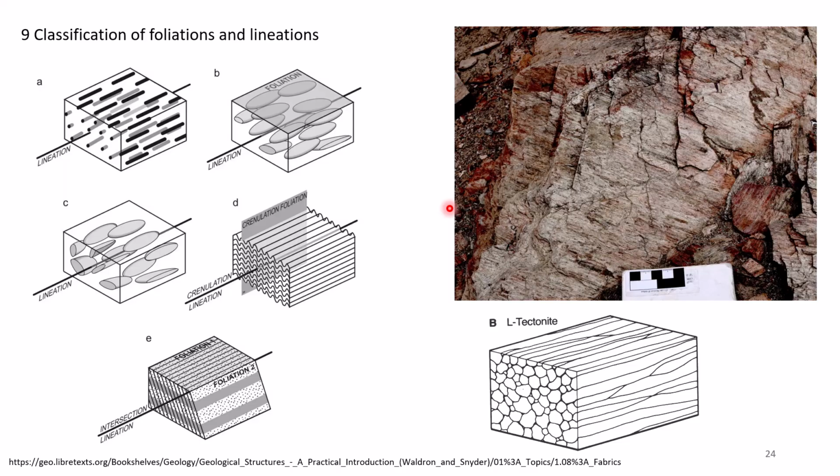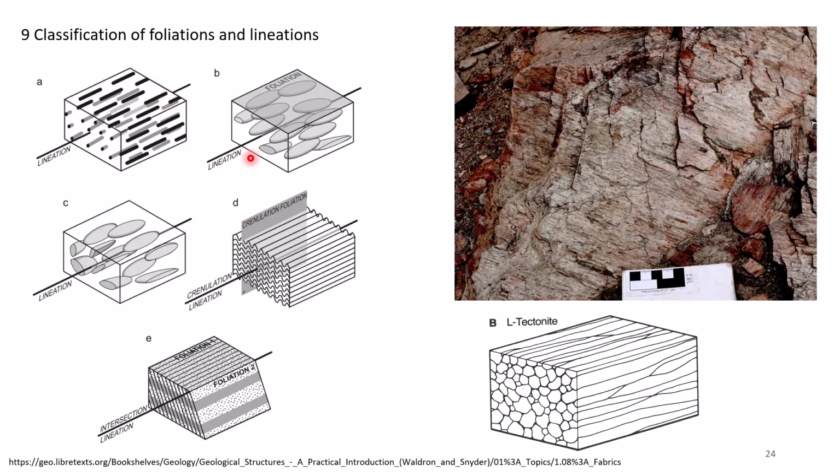Here we see a summary of such lineations. Up here, this would most likely be a mineral lineation, perhaps tourmaline or amphibole, that are aligned and may have grown in that orientation. Minerals that form a mineral lineation do not show evidence of deformation, particularly plastic deformation. So all we see here is a preferred alignment of undeformed crystals.